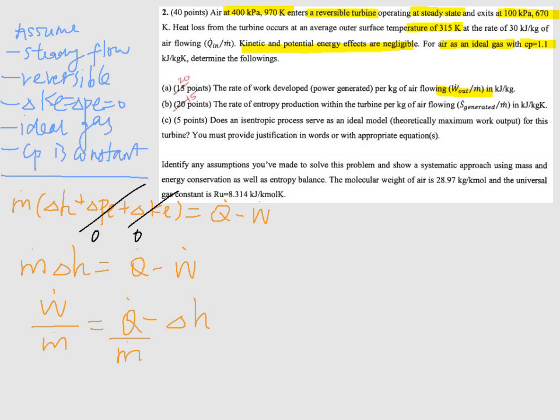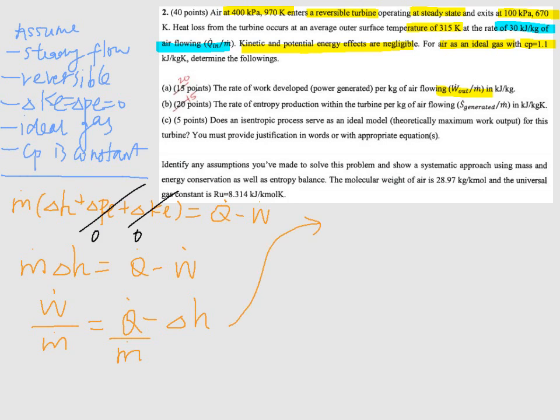So Q dot over m dot is given, which is right here. This is 30 kilojoule per kilogram. However, we don't know this delta H directly, but we can calculate for that.